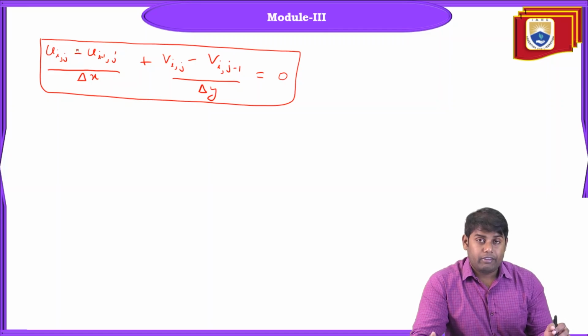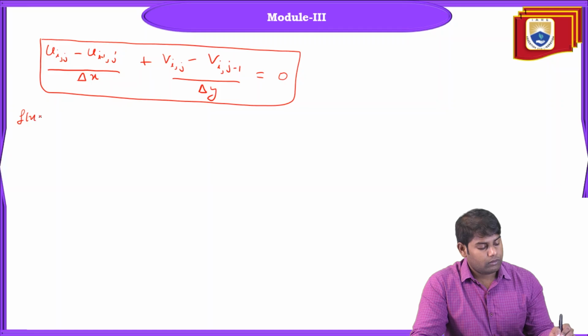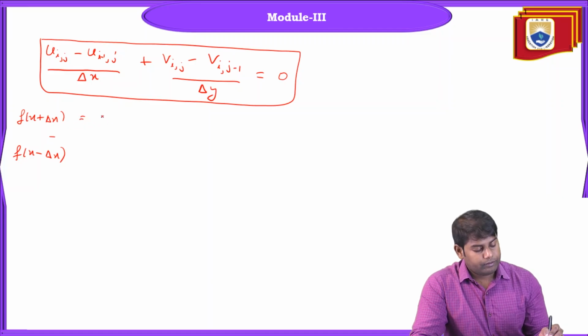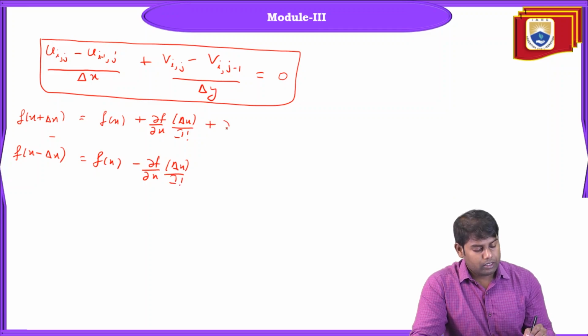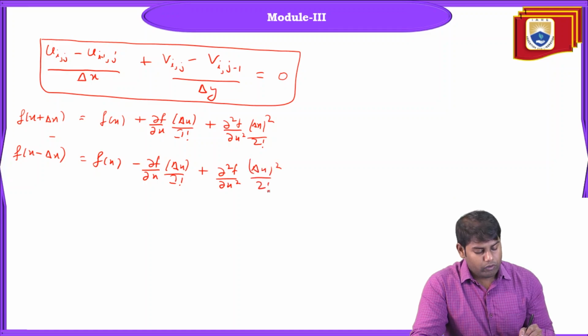Let us take equations 1 and 2 of the Taylor series, f(x + Δx) and f(x − Δx), and subtract them. We get f(x) − f(x), plus ∂f/∂x·Δx/1! minus (−∂f/∂x·Δx/1!), plus ∂²f/∂x²·Δx²/2! plus ∂²f/∂x²·Δx²/2!, and so on.